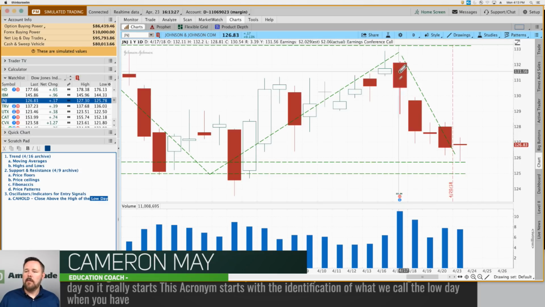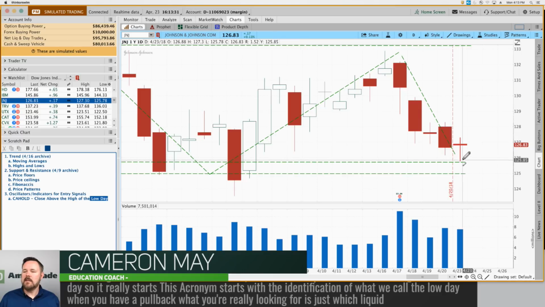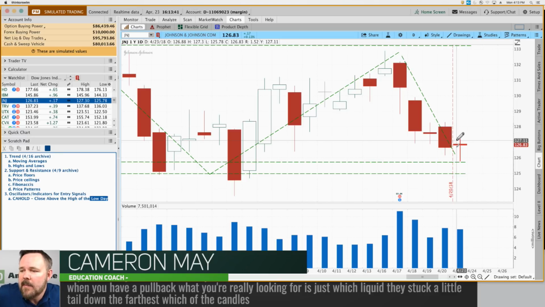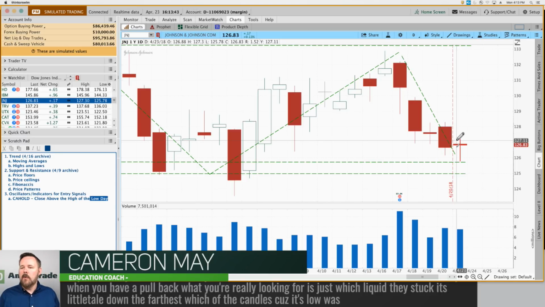And when you have a pullback, what you're really looking for is just which day stuck its little tail down the furthest. Which of the candles has the lowest low? So we would actually call today the low day because its low was lower than any previous day.